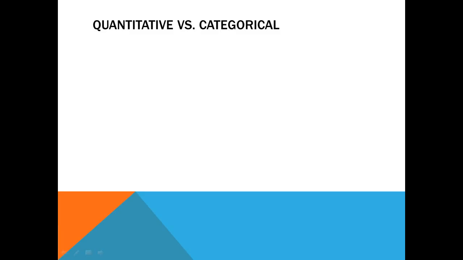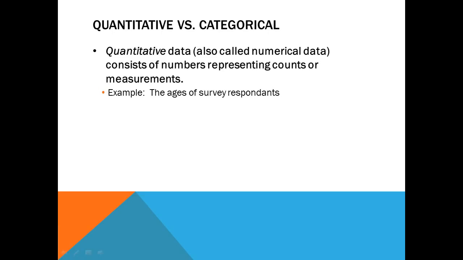Quantitative versus categorical data, and you've actually done this previously in integrated algebra. It wasn't called categorical, it was called qualitative, and we'll discuss it more. Quantitative data is basically numerical data, you can see the word quantity in there. It consists of numbers and it represents counts or measurements.